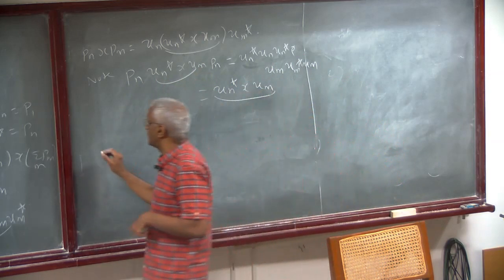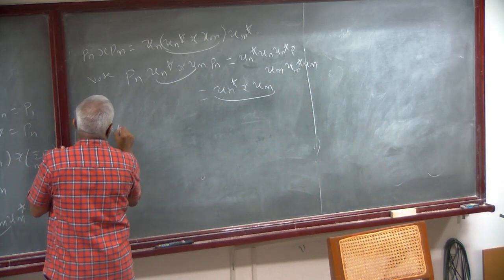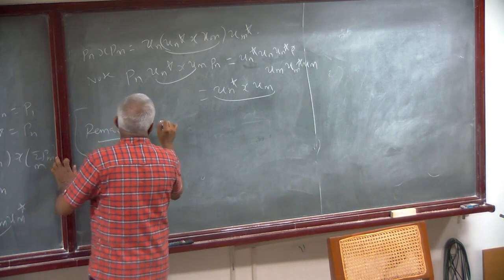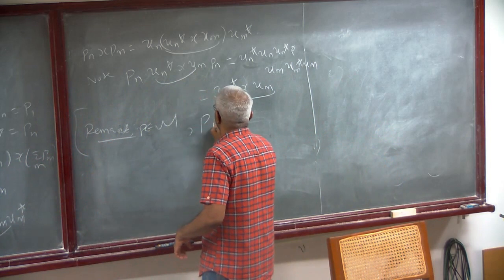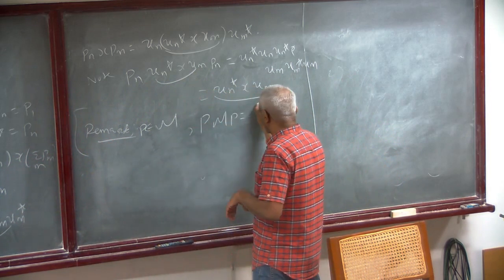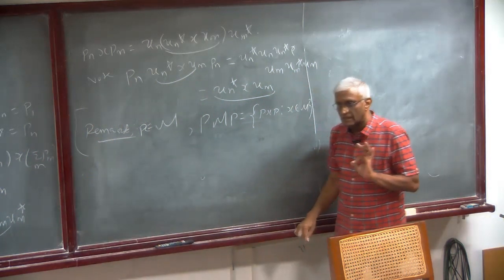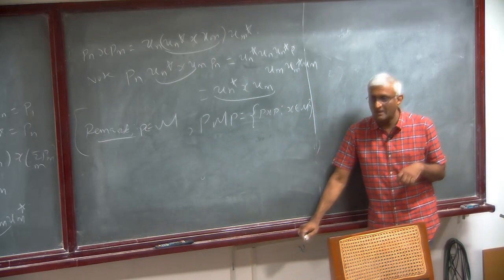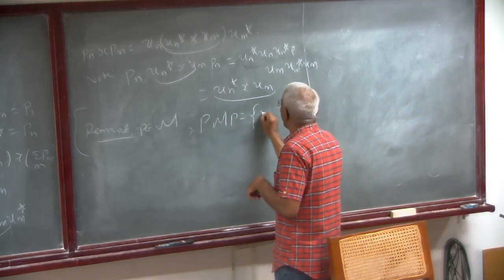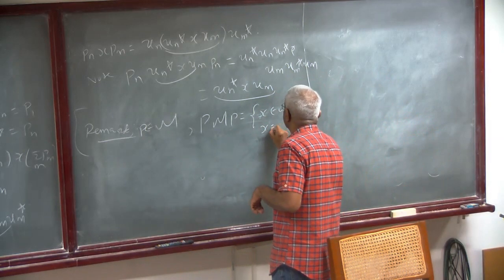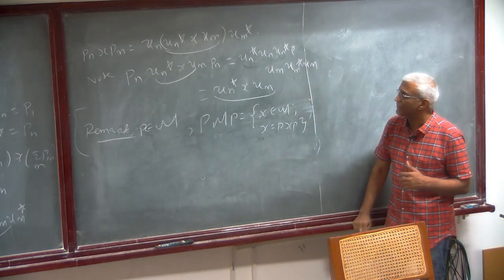If you remember, I don't know whether I mentioned it, this is just a remark. If you have a von Neumann algebra, X is in the von Neumann algebra, P is a projection, then we have this PMP, which is all those PXP, X in M. What I mean is all those x in M such that x equals PXP. Actually I don't even need that.